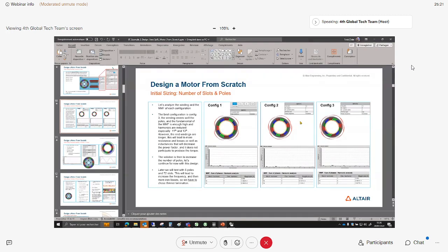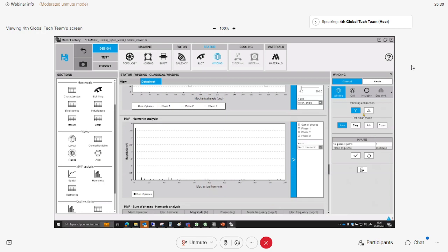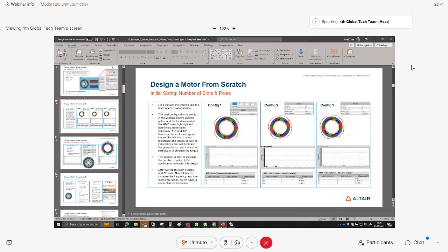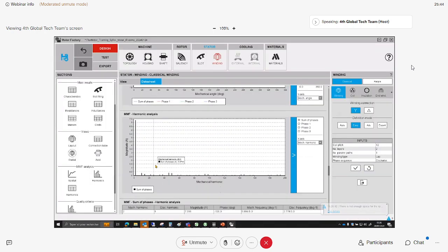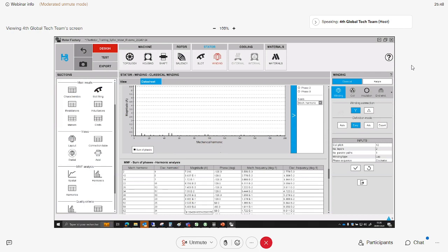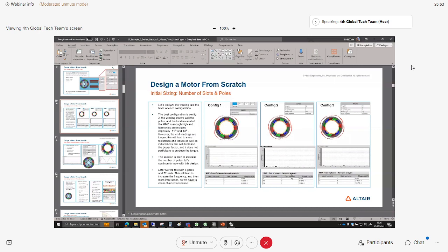The second one is with the full coil pitch, 2 layers, lap winding. I put easy and 2 layers and the lap winding. Then I have to look at my MMF and the table of harmonics. And the third one I selected here is the coil pitch with 11.